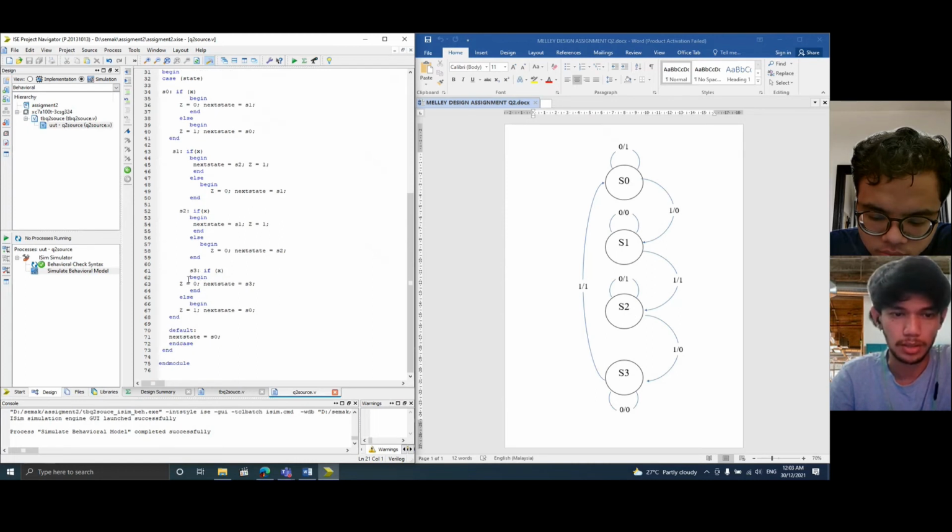Next, S3, if Z equals 0, it will go to S3, and Z equals 1, it will go to S0.